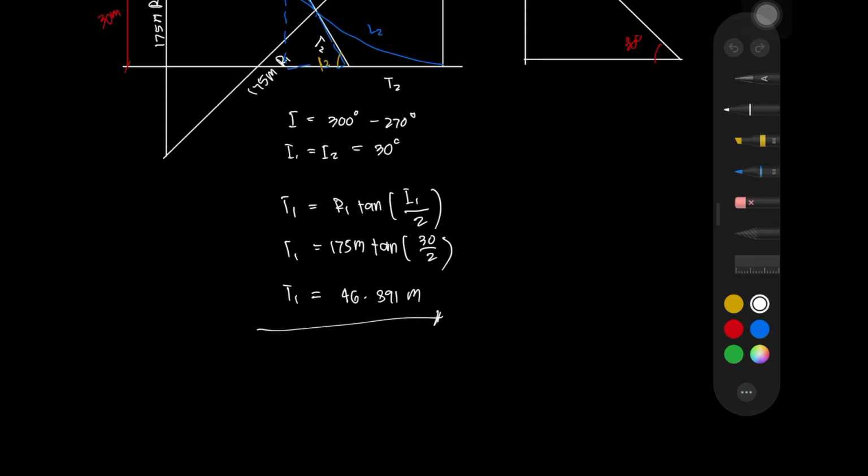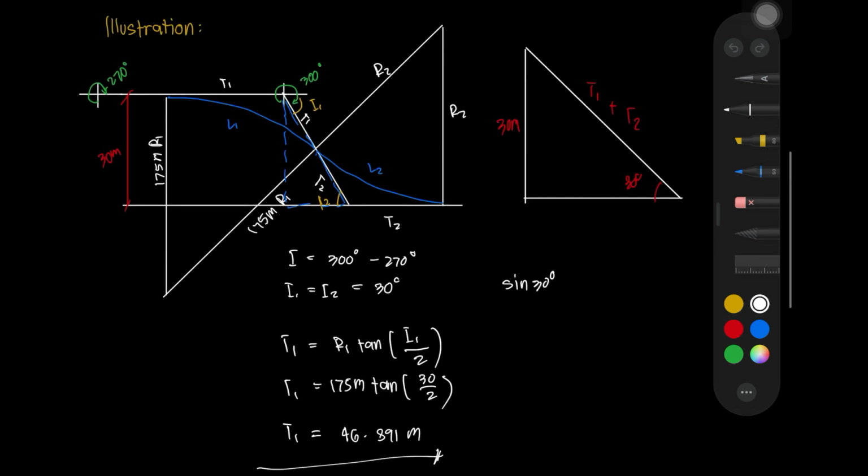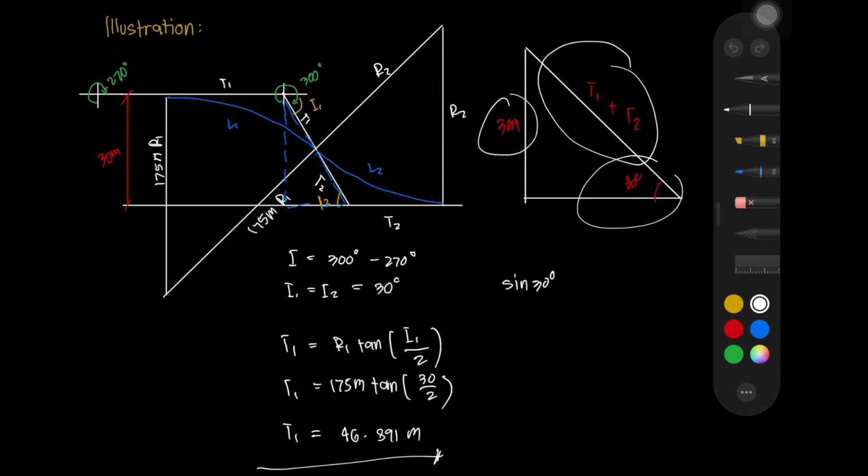Now let's get T1 plus T2. We can use the sine of 30 degrees function since 30 meters is opposite to 30 degrees and T1 plus T2 is the hypotenuse.